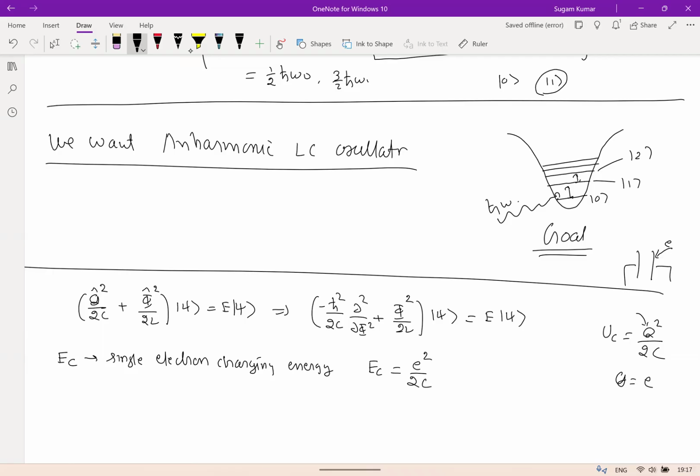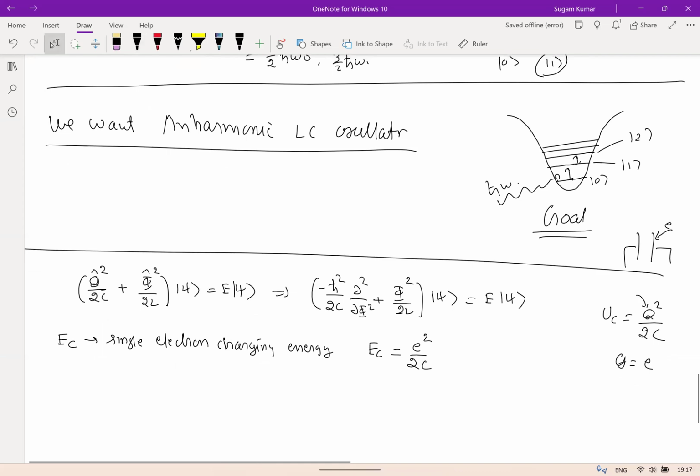So this is the term I'm going to use as the single electron charging energy, because finally I'm going to go to single qubits, or single Cooper pair. So we will use this term. Another term I will use is ECC, the single Cooper pair charging energy.